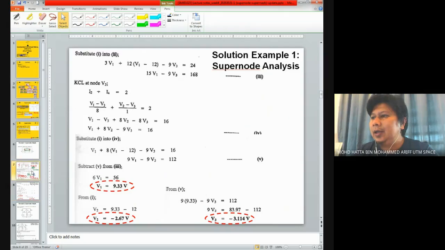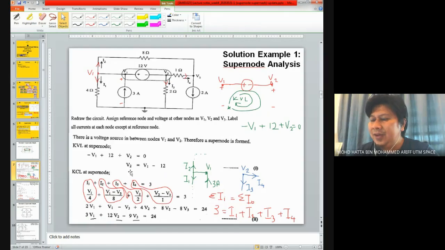What you're trying to do is reduce the unknown variables. If you look at earlier, we have the definition of V2 as V1 minus 12. You can easily substitute this equation into this equation so that your second equation will be reduced into two unknown variables. That depends on your creativity. Maybe you can directly substitute it, or maybe you can leave it like that towards the end.